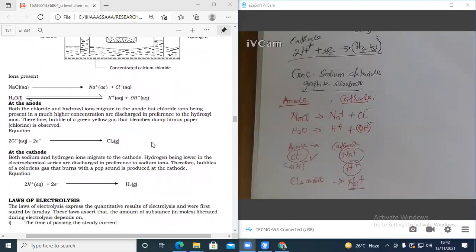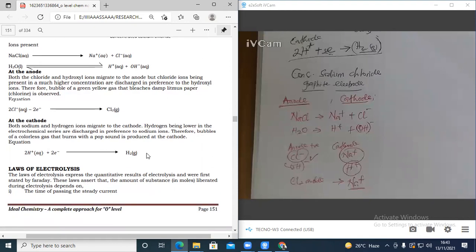Now let's reason it out properly. That's what we have, isn't it? Yes, teacher. At the cathode, there is a difference here. Both sodium and hydrogen ions migrate to the cathode. Hydrogen being lower than sodium in the electrochemical series is discharged in preference to sodium ions. Therefore, bubbles of a colorless gas that burns with a pop sound are produced at the cathode. Is that correct?